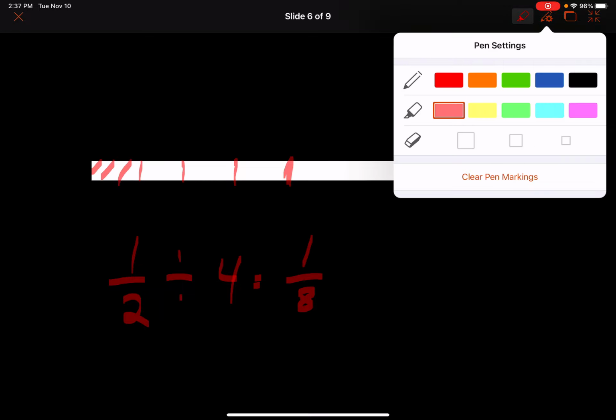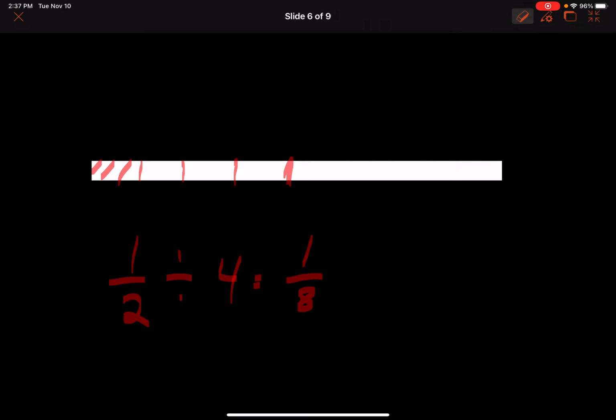Okay, so now what if I want to divide that half into 7 parts? One, 2, 3, 4, 5, 6. Oh, I need one more.